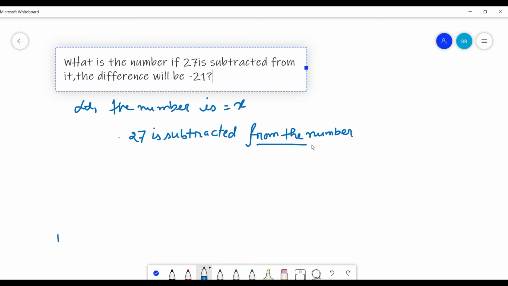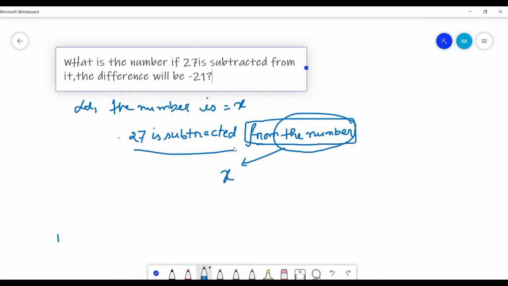So, as I have mentioned in our earlier videos, in case of "subtracted from", the part which is after "from", you have to write it before x, and the part which is before "from", 27 is subtracted, you have to write it on the later part. So it's quite different.